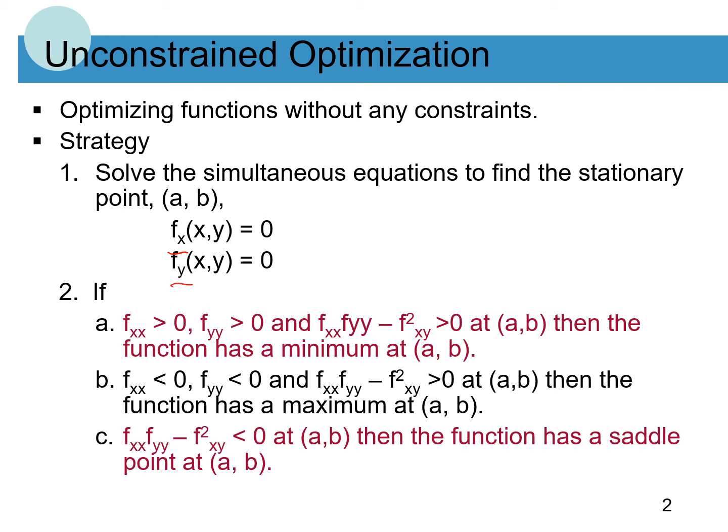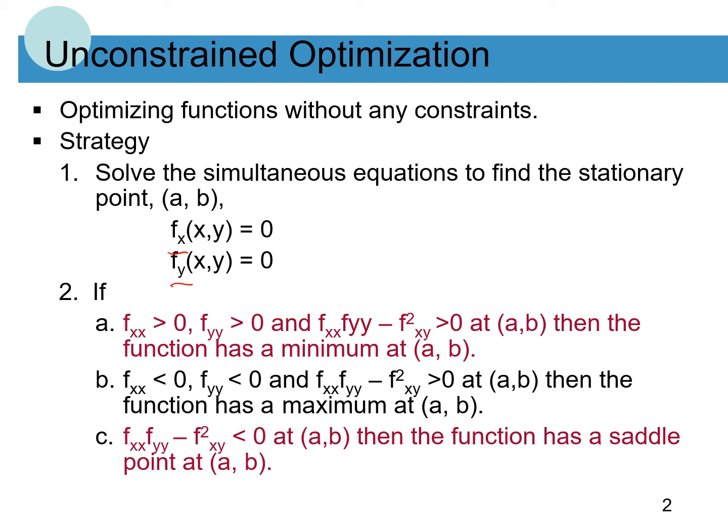Then we solve fy, the derivative of f with respect to y, equal to 0. Based on the test of the solution, if the second derivative of f with respect to x is greater than 0, the second derivative of f with respect to y is also greater than 0, and fxx times fyy minus fxy squared is greater than 0 at the point (a, b), then the function has a minimum at (a, b).